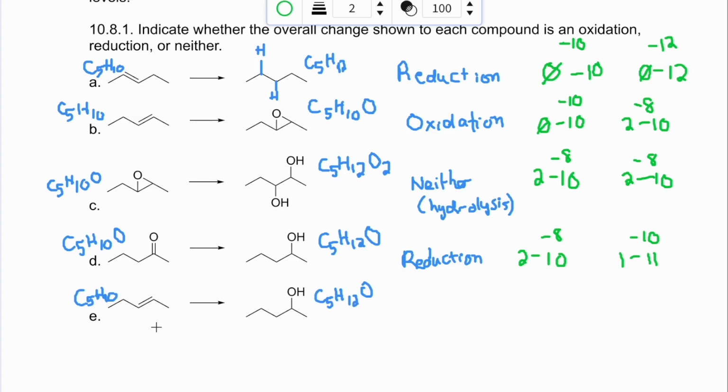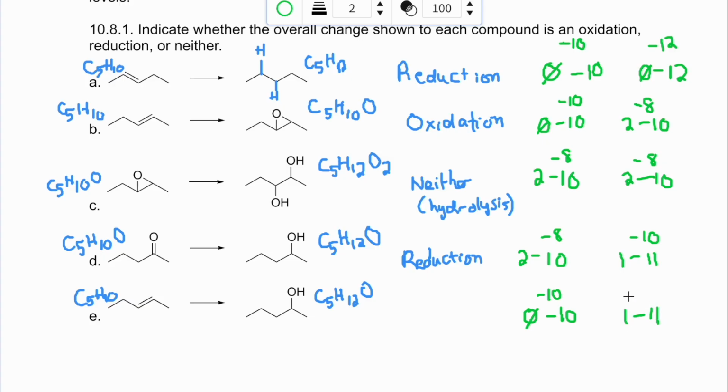So let's do a little bookkeeping on this last one, the alkene going to the alcohol. This is one of our chapter 6 reactions. So this first one, we have 0 carbon-oxygen bonds in the starting material. We have 10 carbon-hydrogen, so that would be -10.